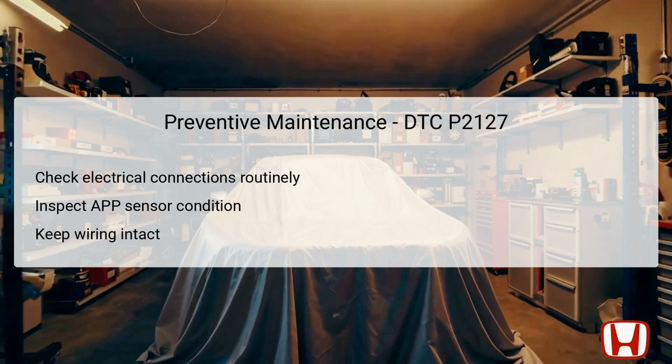Inspections of the APP sensor itself should also be part of regular maintenance, as wear and tear can lead to malfunctions that trigger error codes. Keeping wiring intact and free from abrasion or damage is essential to prevent shorts or open circuits. Regular diagnostic scans can help identify issues before they develop into serious problems. Implementing these preventive measures ensures the continued optimal performance of the Honda Civic.